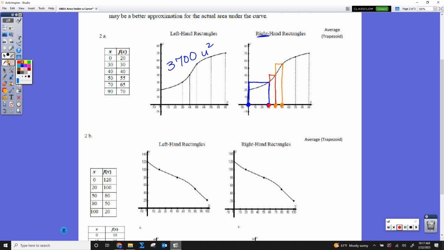Now 50 to 70. The 70 is on the right, so we come up, hit our graph, flatten our rectangle out, come back down. Then our final 70 to 90. Pick the point on the right, go up, hit the graph, flatten across. There's our last rectangle for our right-hand rectangles.